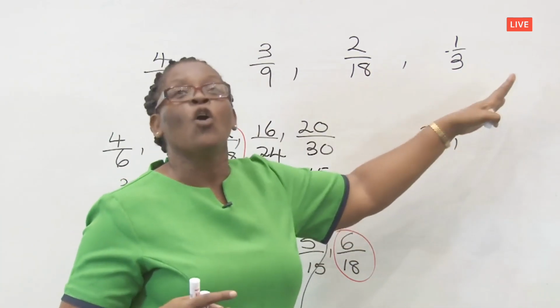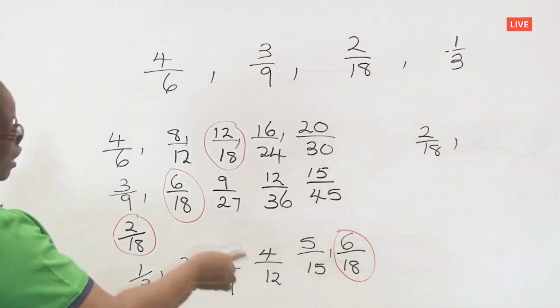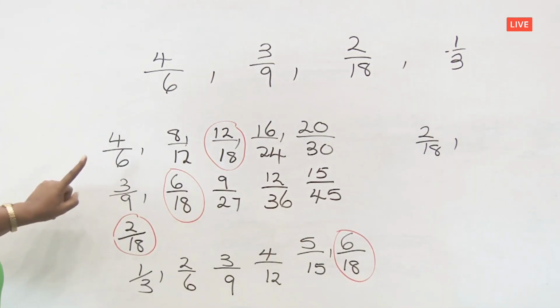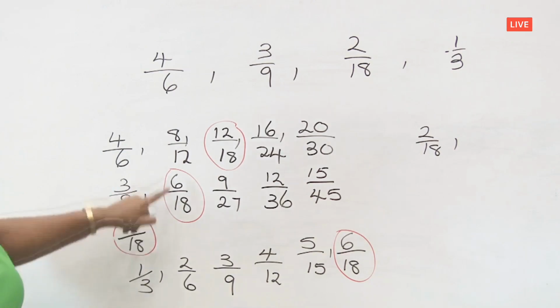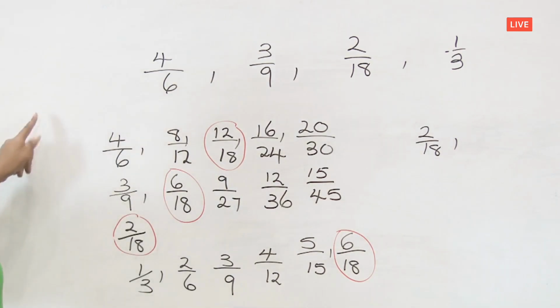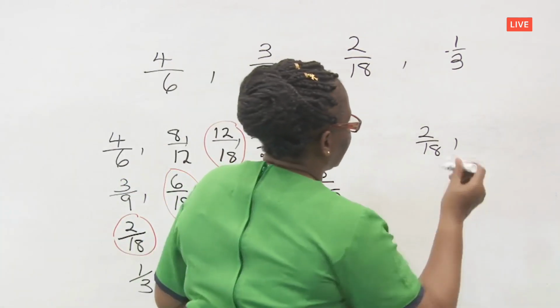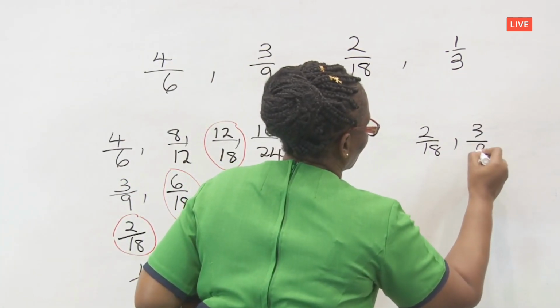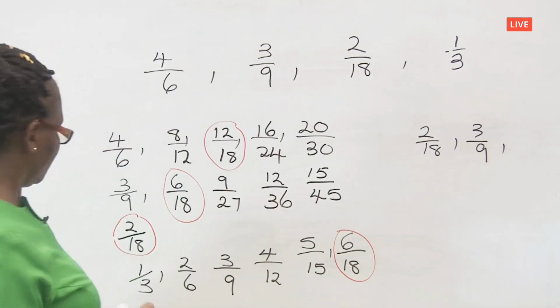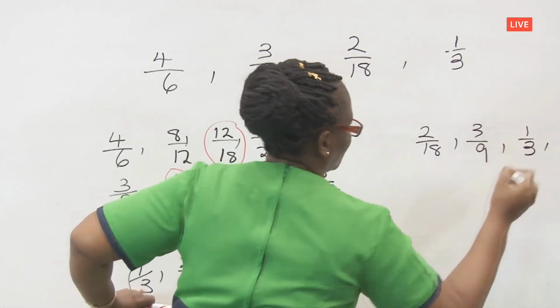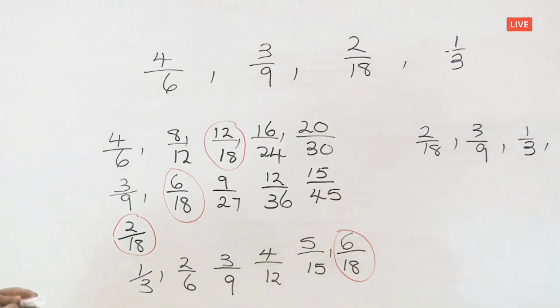So we have 2/18. Very good. Any other? So we have 2, 6, 18. So they are the same size, but because we have 4 fractions, we are going to put them one after the other. So we are not going to do 6/18, but we are going to do, you always come to the end here to look at the fractions you are going to arrange. So we are going to do 3/9. So we can put 3/9.